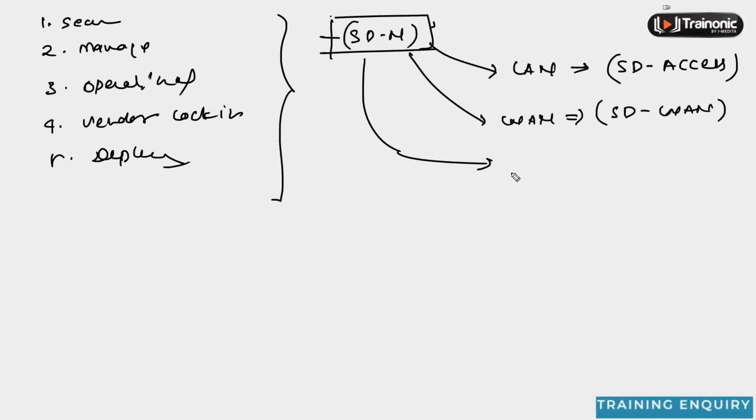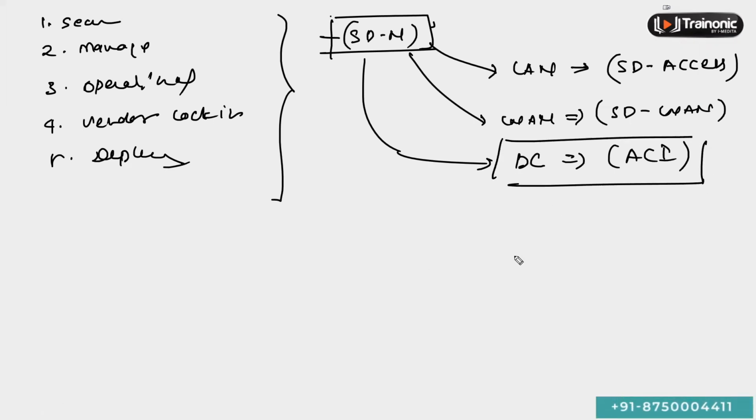There we already had ACI, application-centric infrastructure, for a very long time. It uses the concept of VXLAN and others to manage the data center environment.